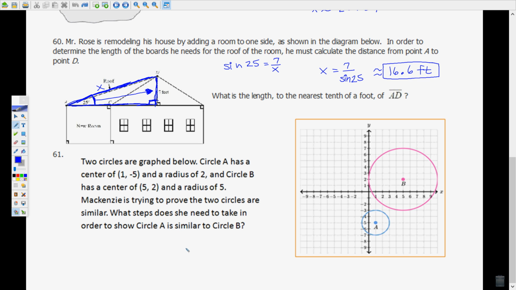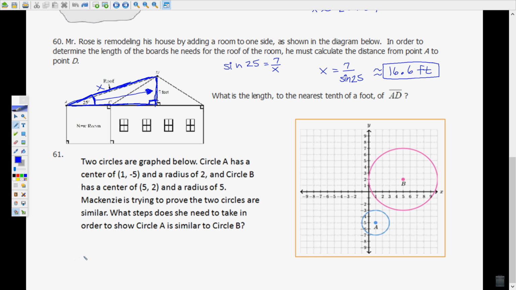First of all, circles are similar. Two figures are similar if there is a set of transformations that will move one figure exactly over to the other figure, and then a dilation that can make that original figure match up with the new figure, pre-image versus image.